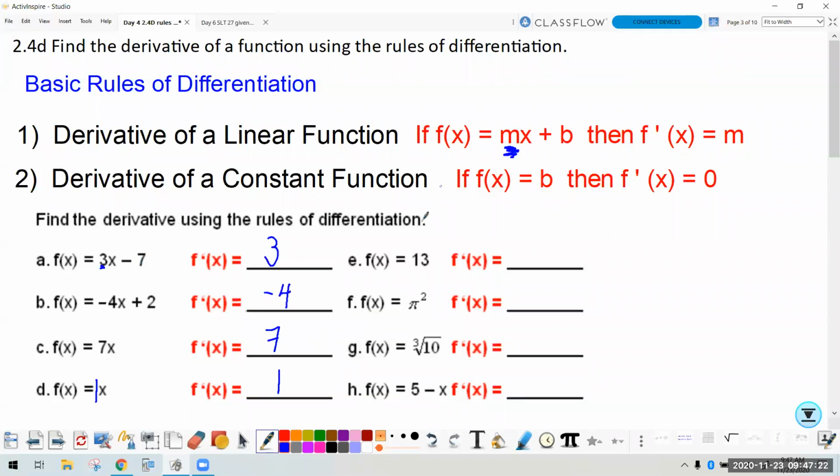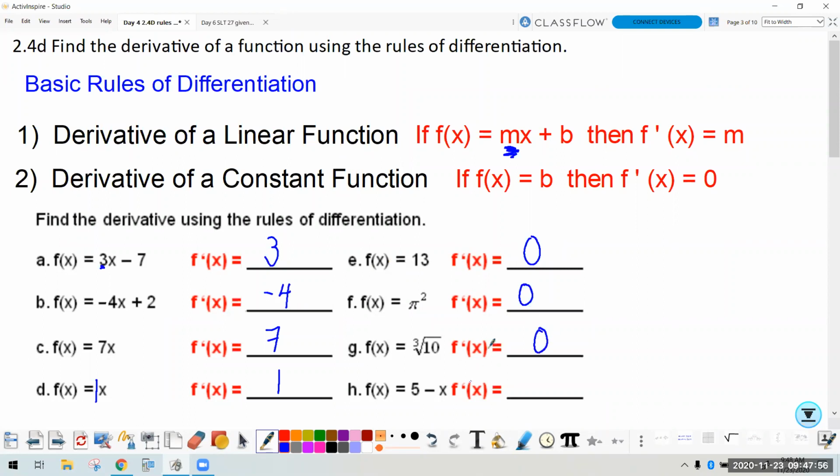Okay, so then for e, we've got f of x equals 13. 13 is just a number. It's a constant value. So the derivative everywhere is 0. Pi squared, 3.14159 squared, still just a constant. It's a single number, so that derivative everywhere is 0. Cube root of 10, still a constant.